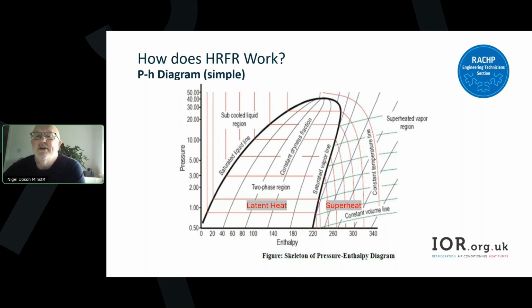So between those two lines is the latent heat. Above the saturated vapor line is the superheat.